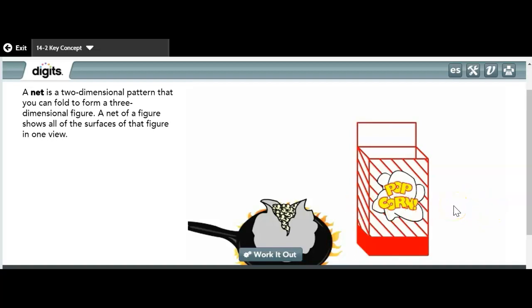Or you can look at a box of popcorn. We can decompose it, flatten it out to a 2D shape. That is going to be your net.